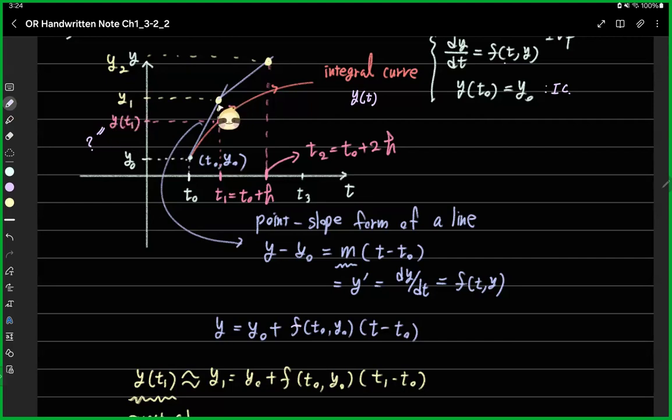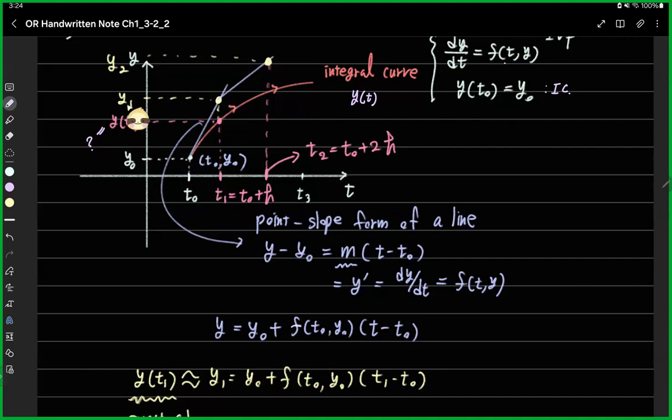Because, I mean, yeah, you see the gap between the 2 points. I don't think this is a good approximation. Yeah, you are right. I'm with you. I don't think this is a really good approximation of y of t1 because there is a big gap. We can see that. But when h approaches 0, when h gets really small, maybe 0.001, something like that, then t0 and t1 are really close, then the 2 points will be really close too.